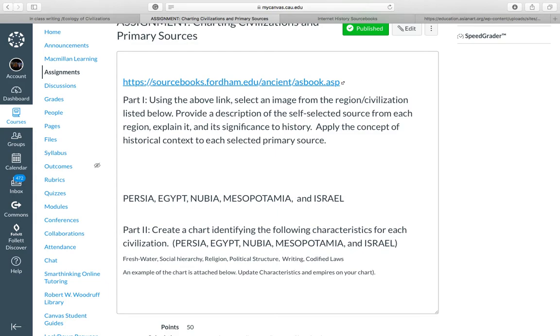Now, again, if you look at this, we are just focused on the Afro-Eurasian world. These are all empires that are either surrounding North Africa and the Nile or the broader Mediterranean part of the Afro-Asiatic world.